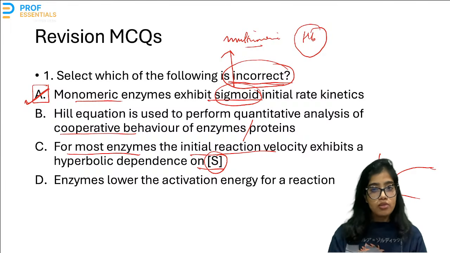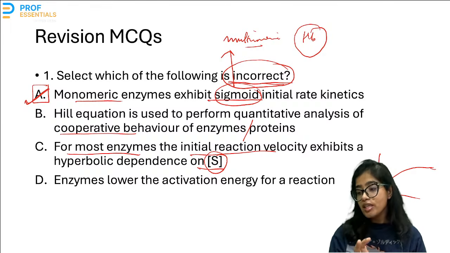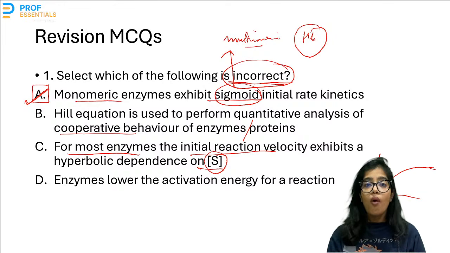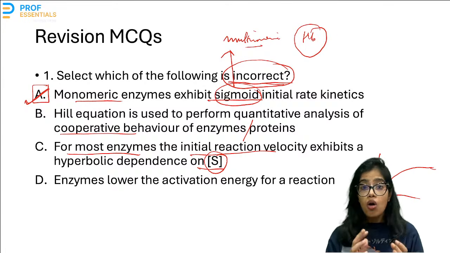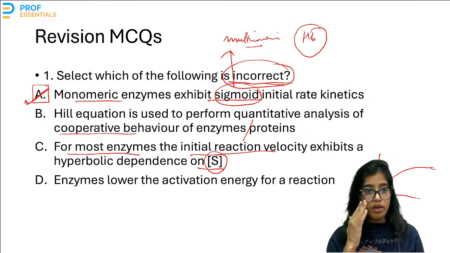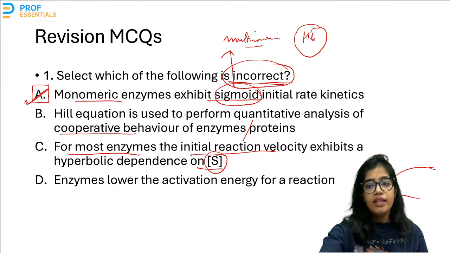You should pay attention to all these keywords: hyperbolic, sigmoid, multimeric, monomeric, tetramer, monomer, myoglobin, hemoglobin. All these things are extremely important. Enzymes lower the activation energy for a reaction. Very true. We have discussed this in great detail. Okay, next.